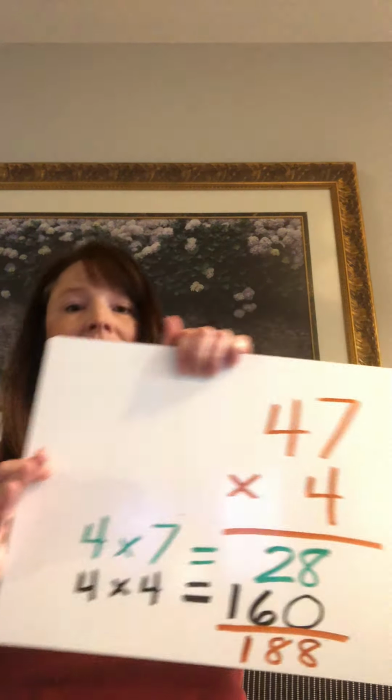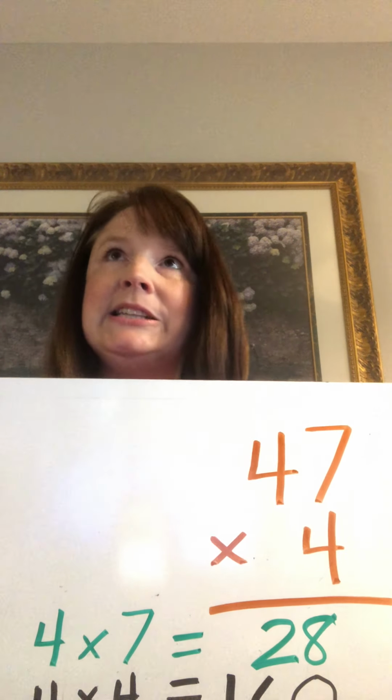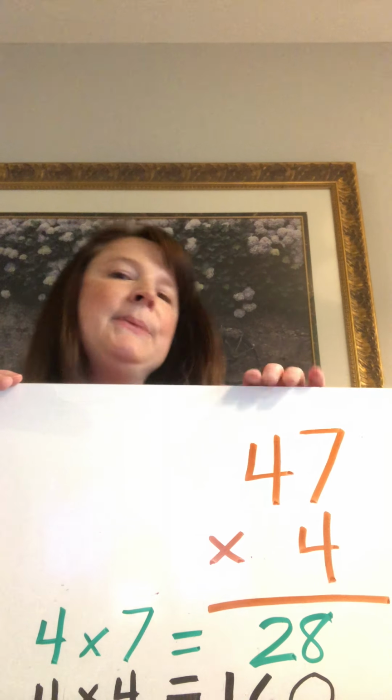Moving right along, our next problem is 47 times 4. We wrote this out just a little bit differently because I know sometimes some of you need to see sort of where things are coming from.